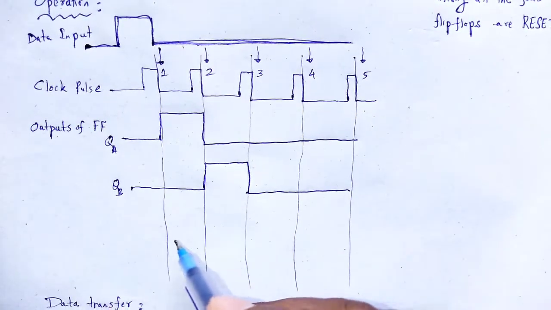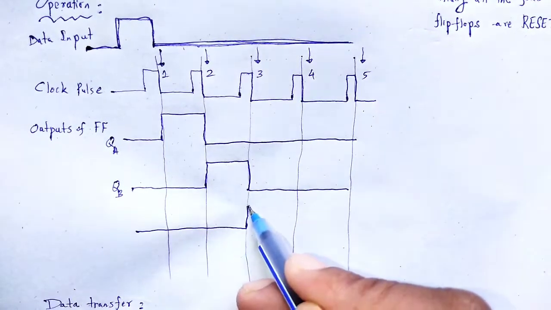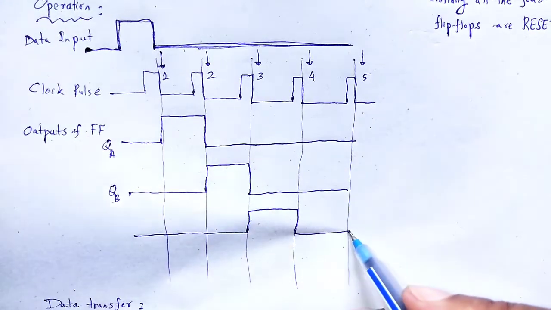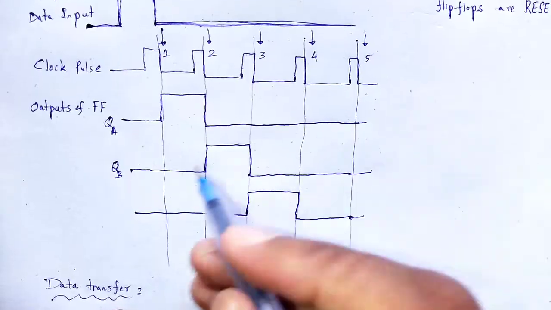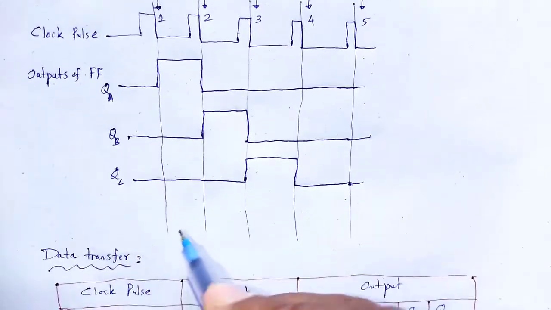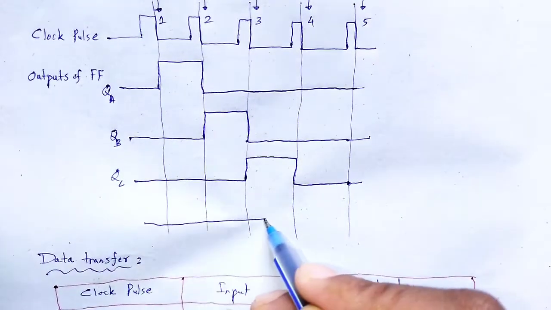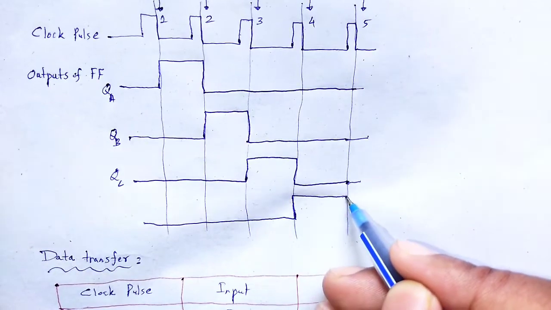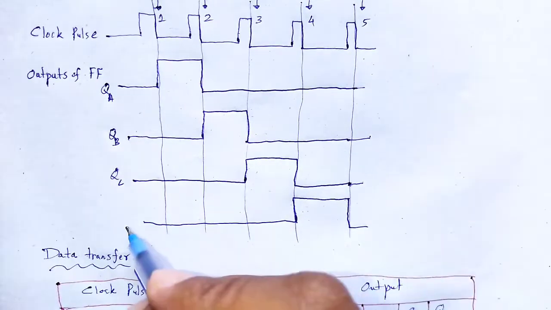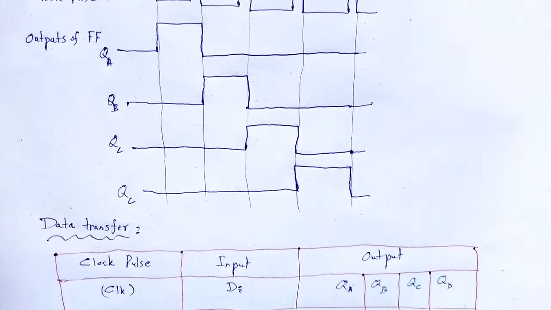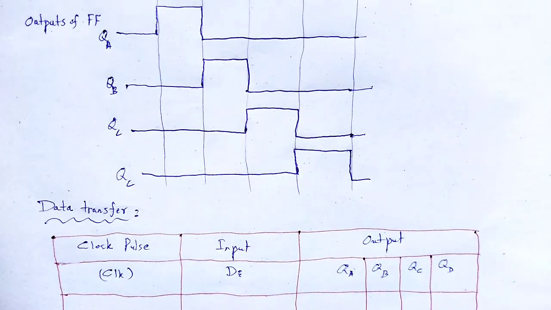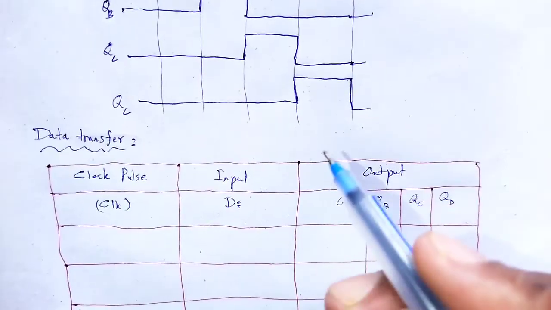Next pulse is applied, that is at QC. Next pulse is applied, at QD. So in data transfer we can easily show it.